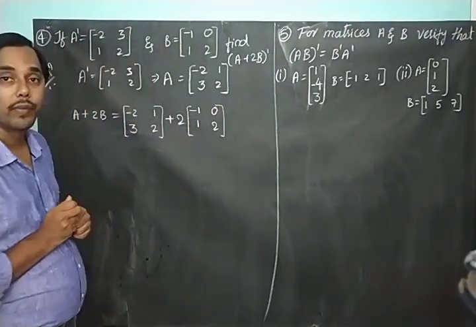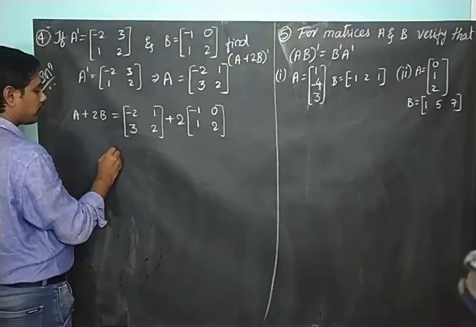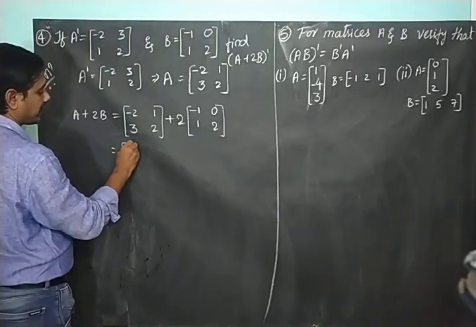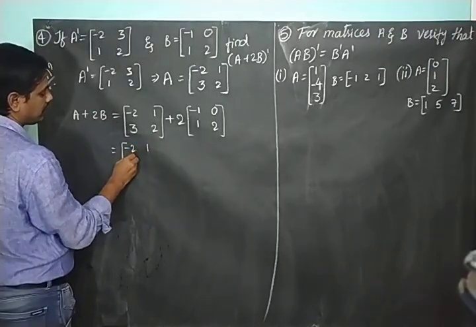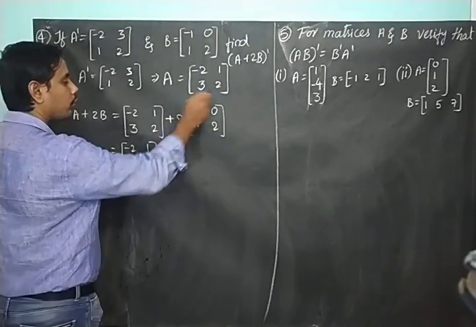So what will be the value of this? Minus 2, 1, 3, 2 as it is, and 2 multiplied inside.